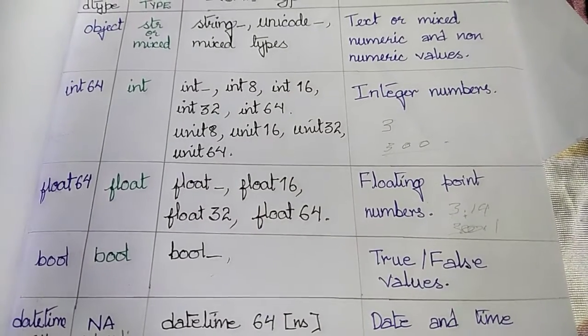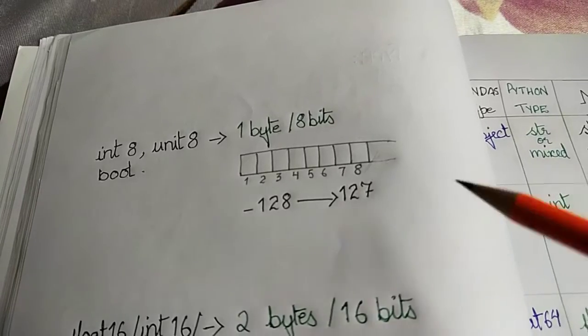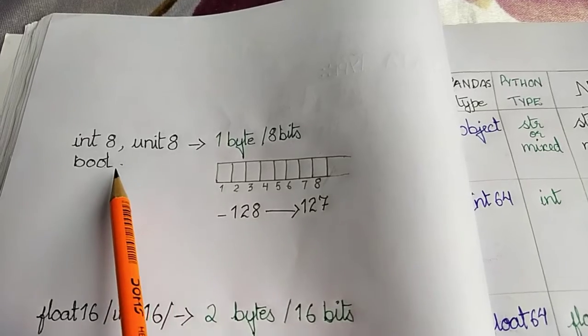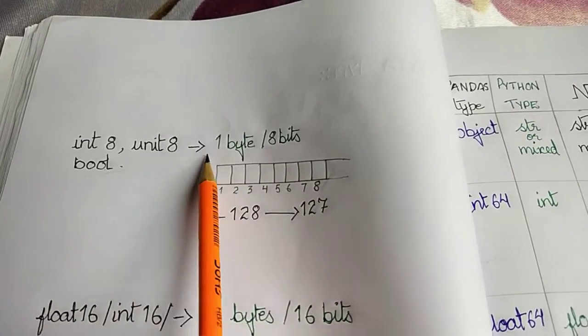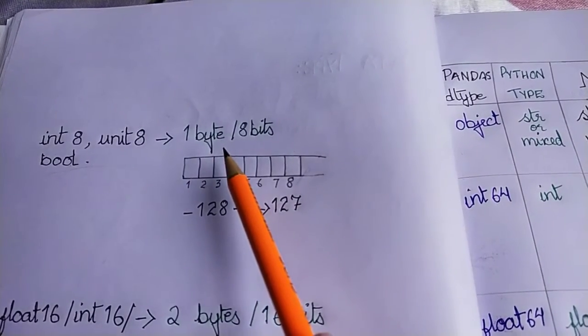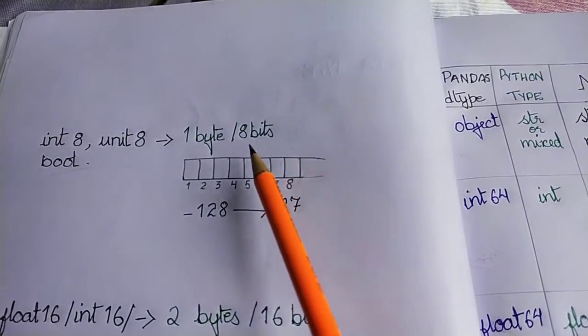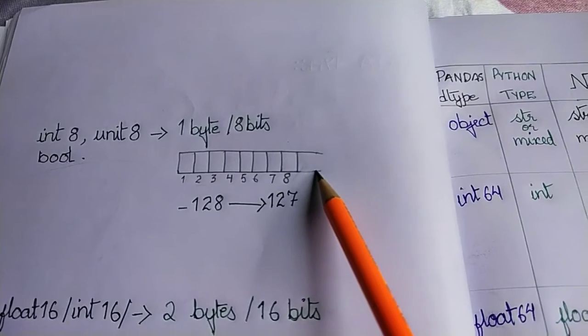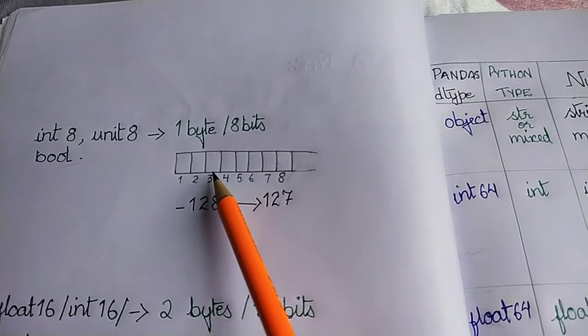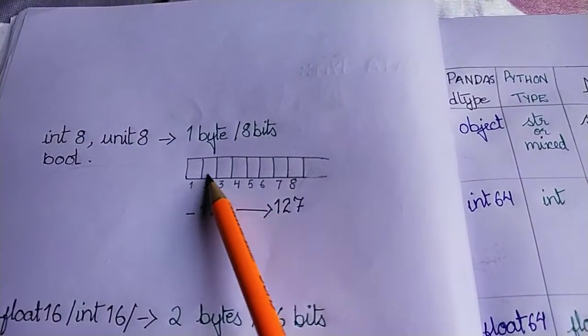Let me explain to you about this. So over here, if I mention int8 or uint8 or bool8, remember these types of data types, they will consume 1 byte in memory or 8 bits. So they will take 8 bits of space, and in this 8-bit space or 1 byte, you can store the data.